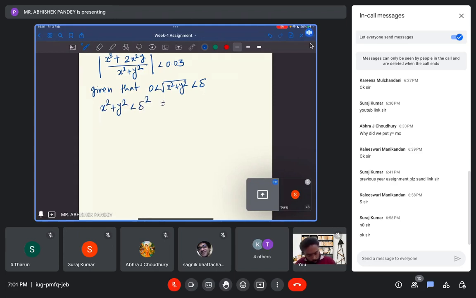So this implies 1 by x square plus y square is greater than 1 by delta square. Now just let me see the calculation.